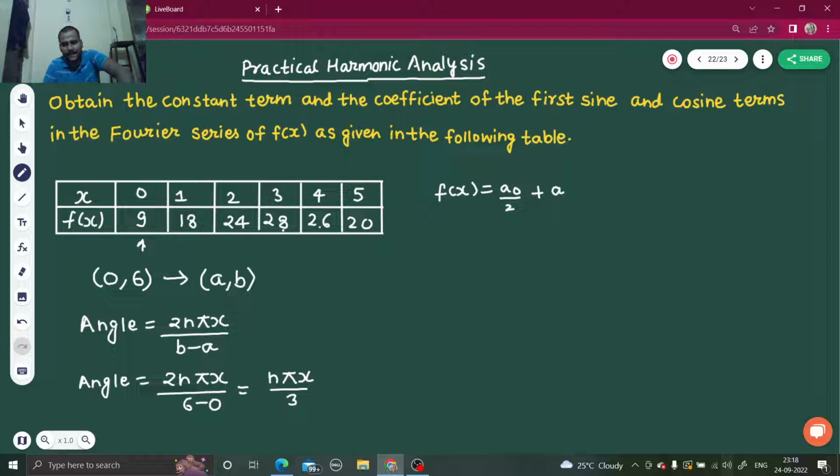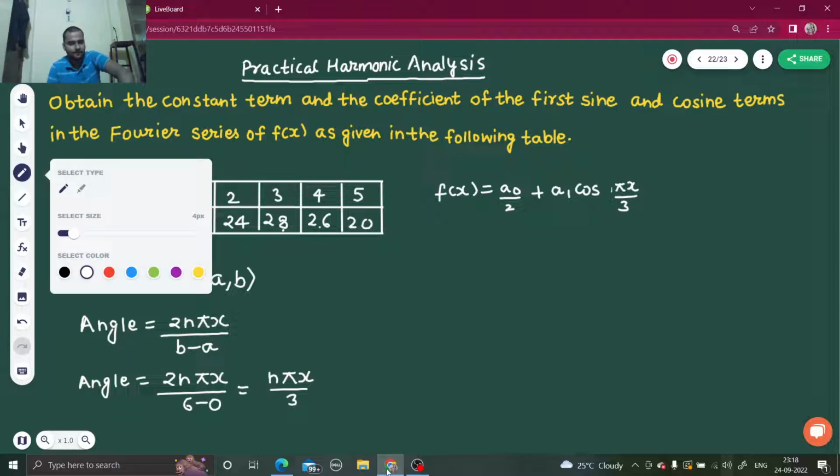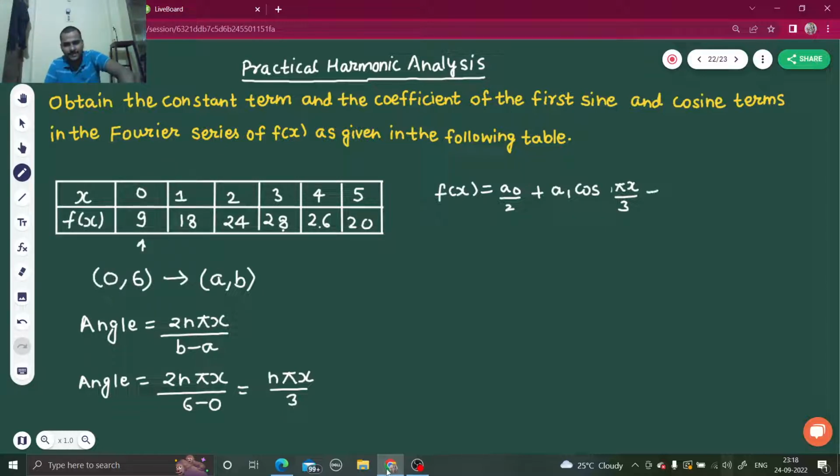So if we put n equals to 1, we get a1 cos, and the angle is n pi x by 3. Because I put n equals to 1, it will be pi x by 3. And similarly we will have b1 sine pi x by 3. So this is for n equals to 1.